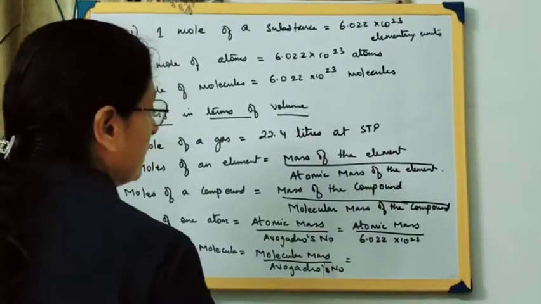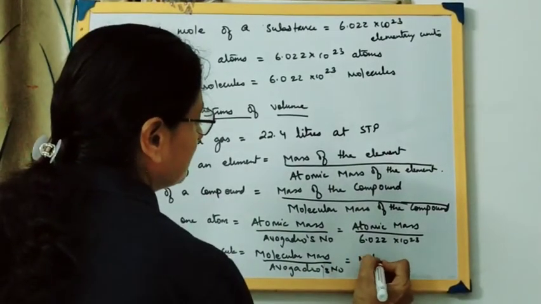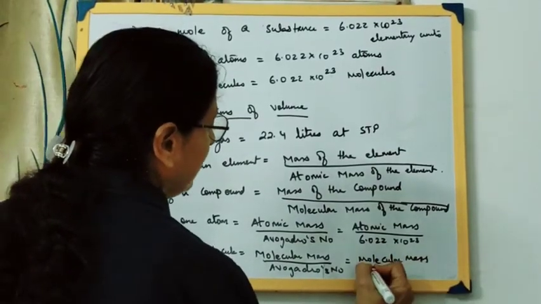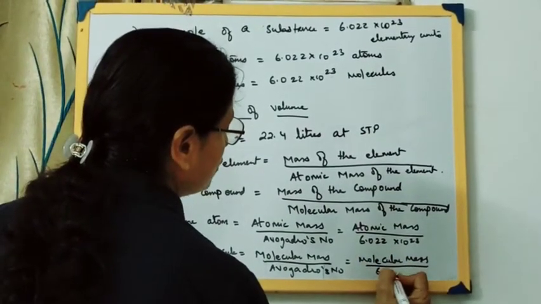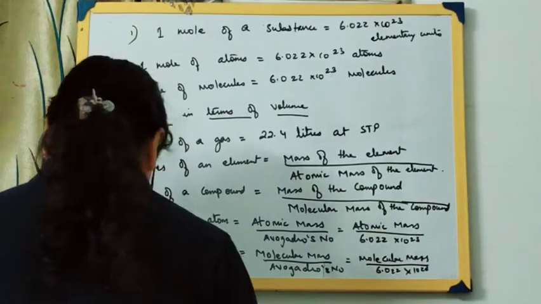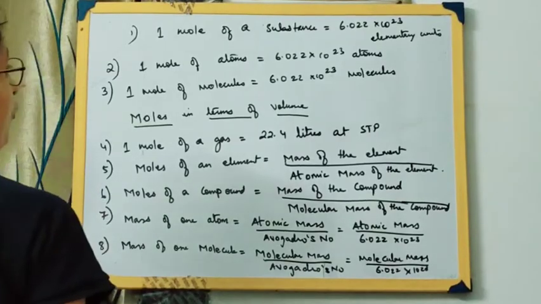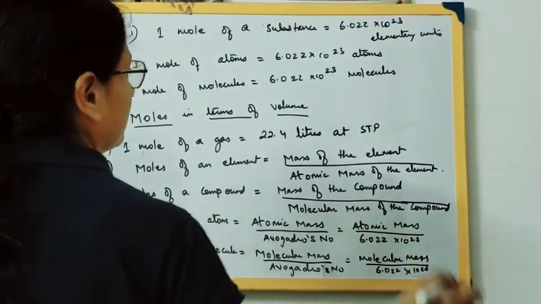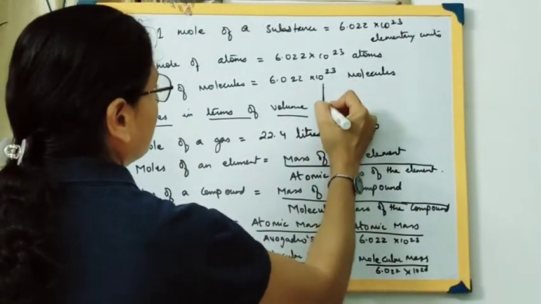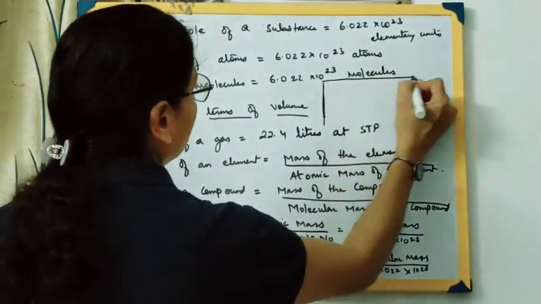So this will be molecular mass and Avogadro's number is 6.022 into 10 to the power 23. Okay, next, number of molecules.